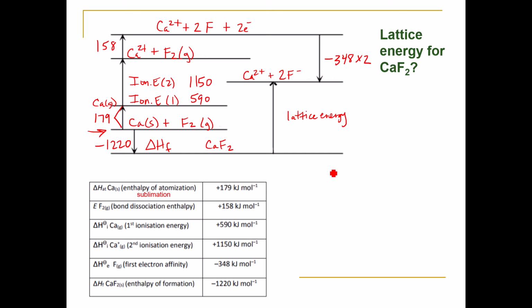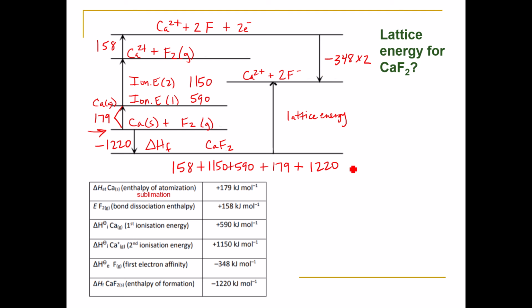Alright, so now if we're going to figure out what we have, we need to add everything together. So we're going to add everything on this left side. So I have my 158 at the top, my 1150 and 590 for the ionizations, my 179 for the sublimation, and we're going to also add the 1220.